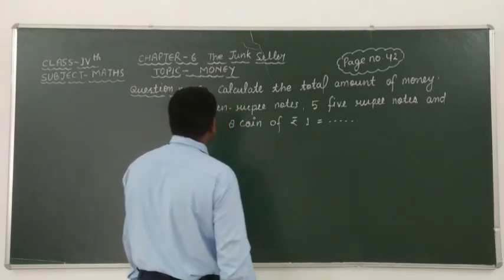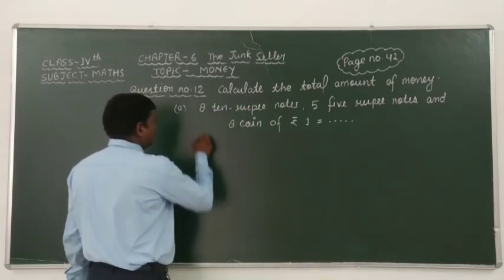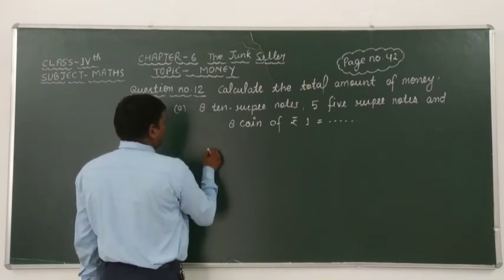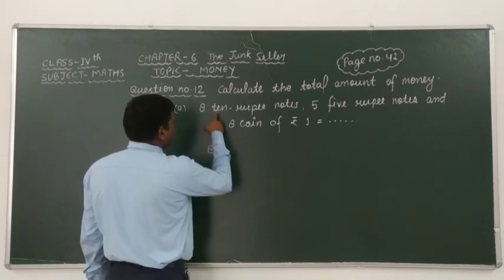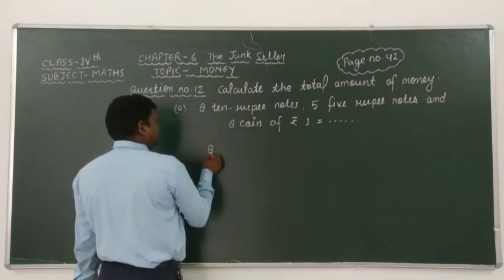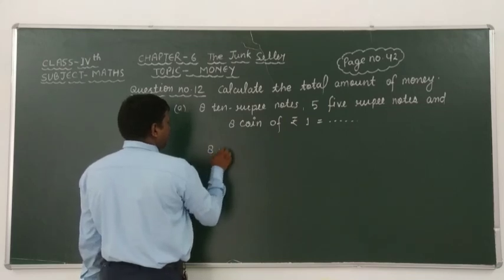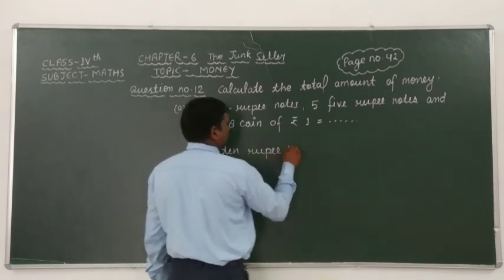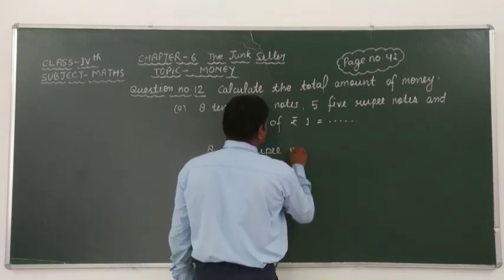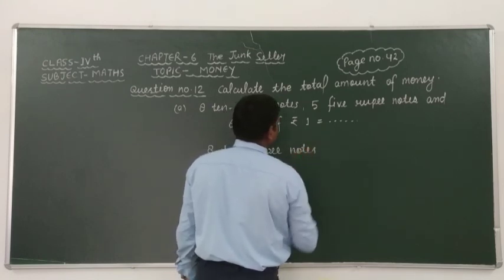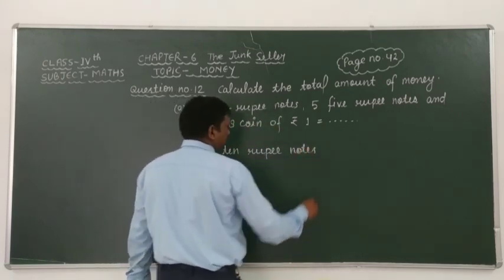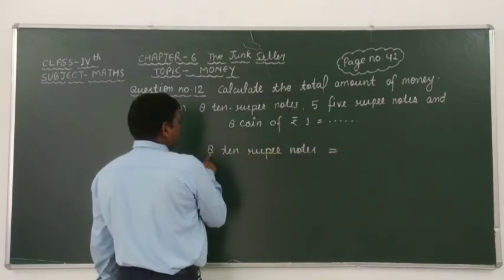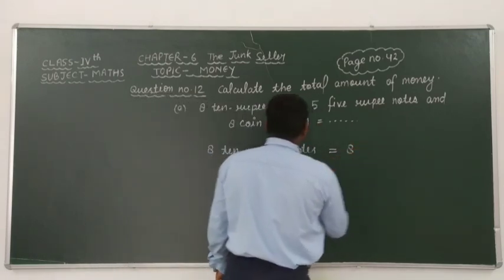That's when we know that here given that 8 10 rupee note, it means that 8 10 rupees notes is equal to, dear students, look here given that 8 and here given that 10.